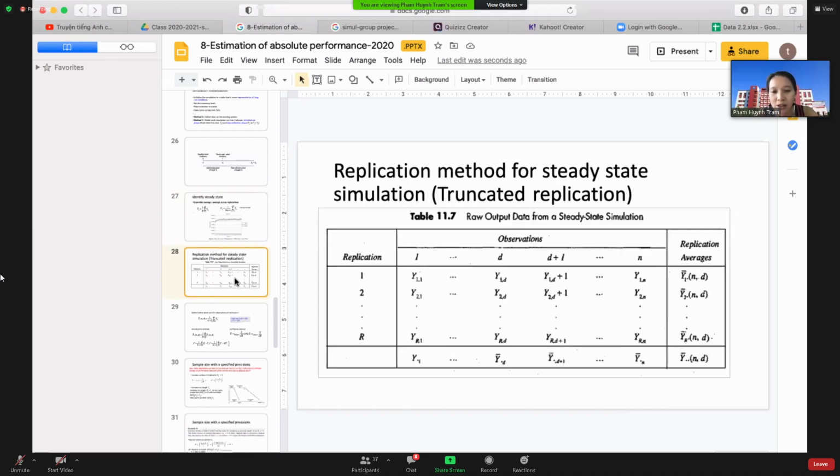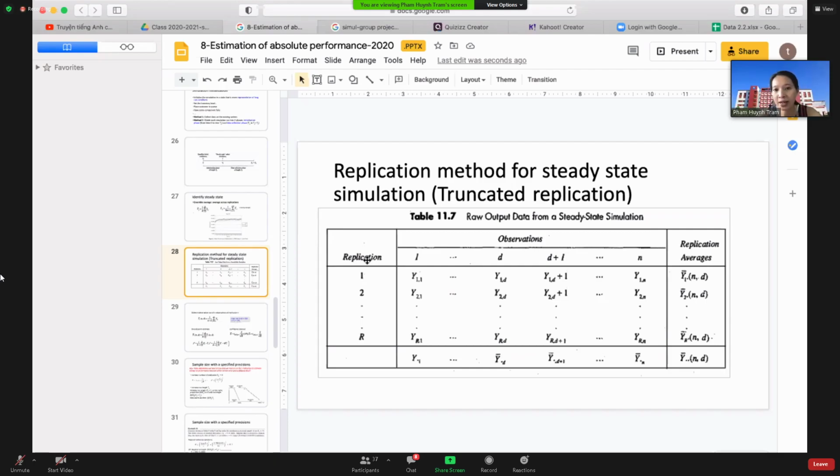Still in the steady state simulation, we may need to run a few replications. In the case that we run a number of replications, we can still use the normal output analysis like the terminating conditions.